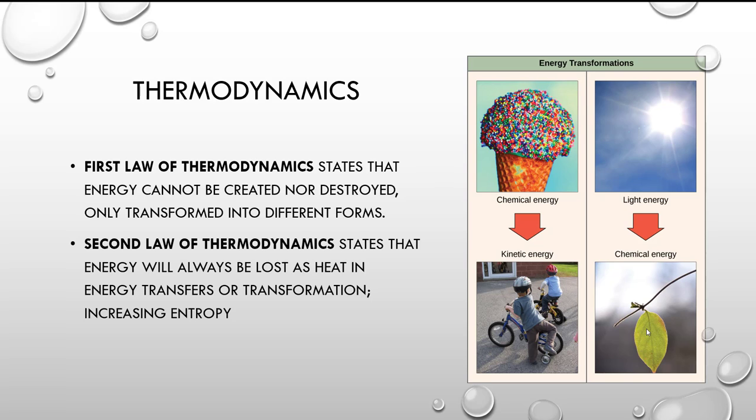It's not going to be 100% conversion. Some of it's going to be lost along the way. Now, it's not going to be destroyed. It's just going to be lost, and that loss will always be heat. It gets dissipated as heat because of this idea of entropy. Entropy is like chaos or disorder. So it's that idea that it's not going to be 100% energy efficient.